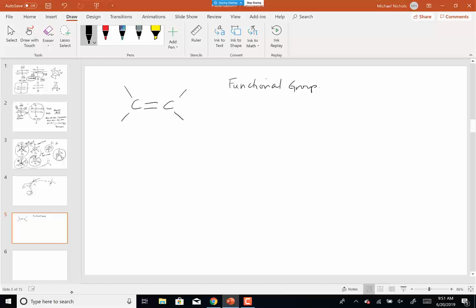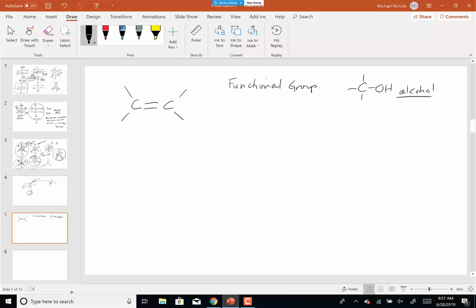So now we don't have to worry about learning every individual molecule. If you have a carbon attached to an OH, that's an alcohol. And for the most part, alcohols have the same physical and chemical properties regardless of the R group that's attached. And that's not totally true, because some alcohols are water soluble and some aren't.